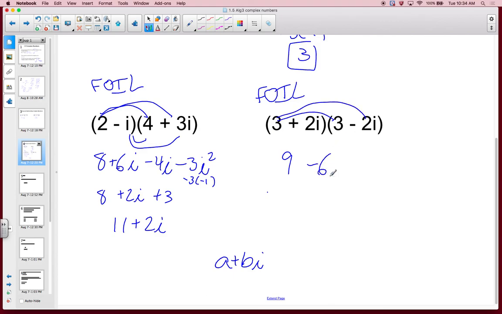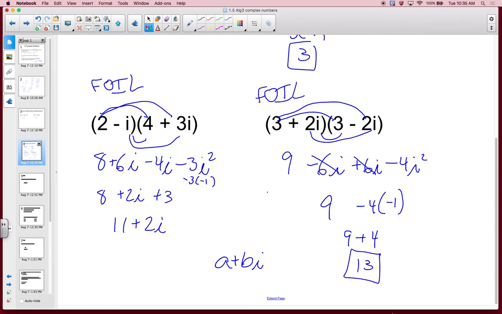Outer is a -6i, inner is a +6i, and last is a -4i squared. So you can see that these are opposites, the -6i and the 6i. So those cancel. Then we have a 9, a -4 times a -1. i squared is -1. 9 plus 4 is a 13. There we go. So notice that we didn't have any imaginary number left. That's important because we're going to use that a lot when we start dividing complex numbers.